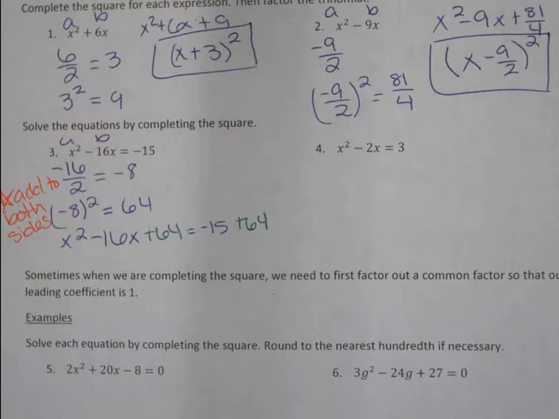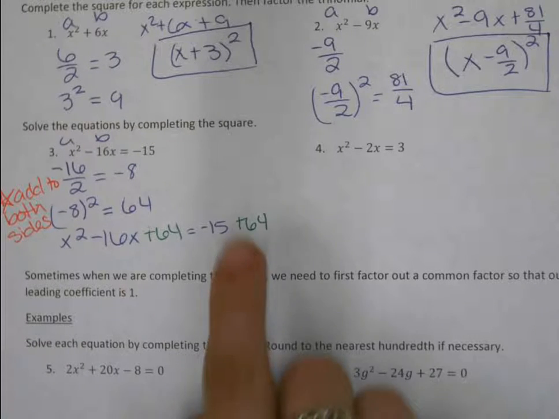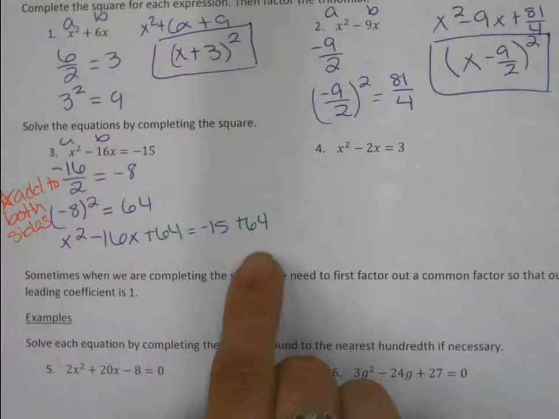So what do I want to do next? How would I go about solving this problem? Any ideas? All my exponents are on one side. That's not an exponent. What I actually want to do is I want to combine like terms on the right side.